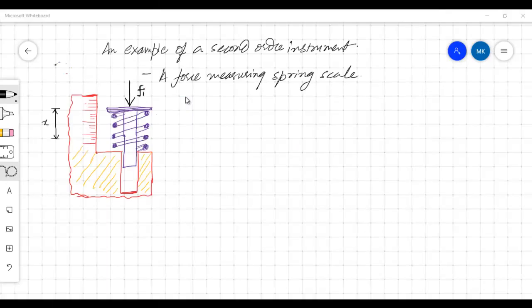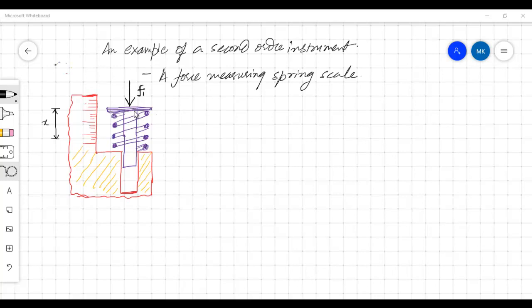Here we consider an example of a second order instrument to show the values of the parameters that correspond to the natural frequency, the damping ratio, and all those parameters that we see for second order instruments. Now we have a spring based force measuring instrument, where we want to measure a force Fi, and we have installed a spring here which is held by some mass m.